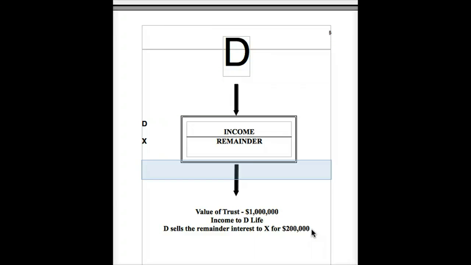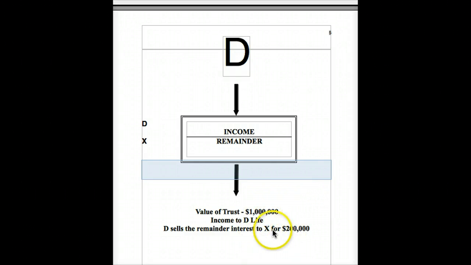Now, if on the other hand, X transfers $200,000 to D as full and adequate consideration, so in this case, it's considered as full and adequate consideration for the remainder.